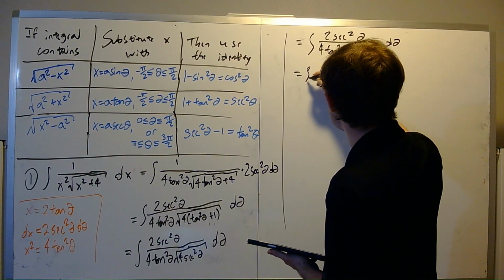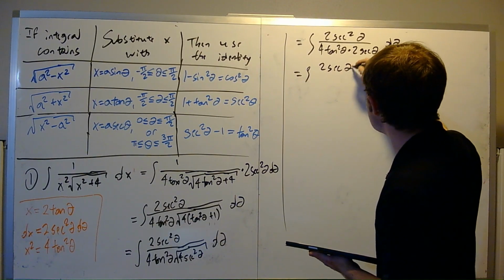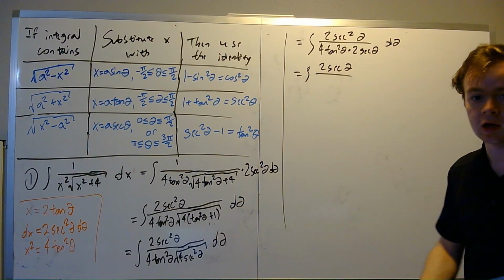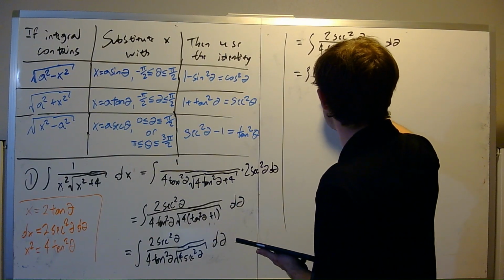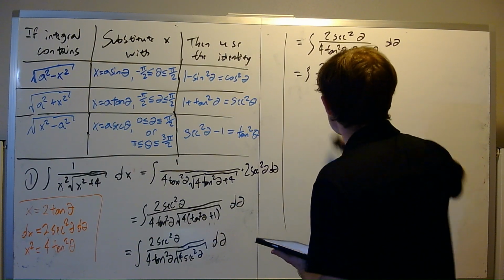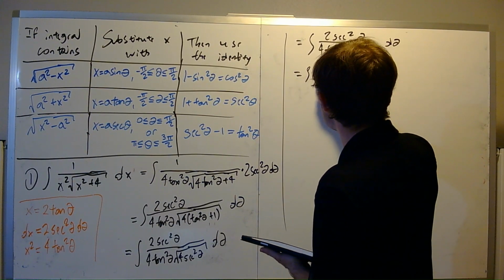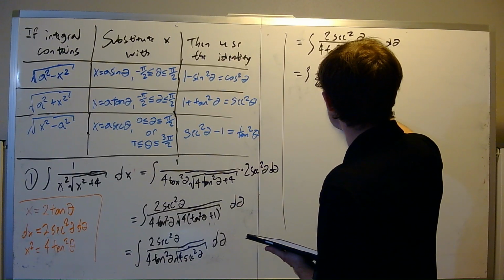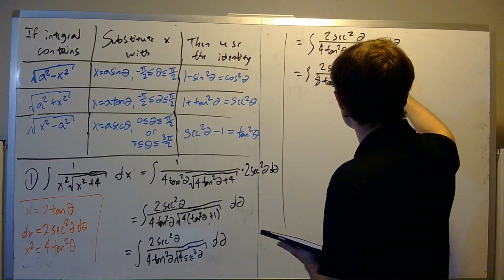And we can rewrite that as the integral of 2 secant theta over, I'm just canceling one of the copies of secant, so 2 secant theta over, sorry, not 4, 8 tangent squared theta d theta.